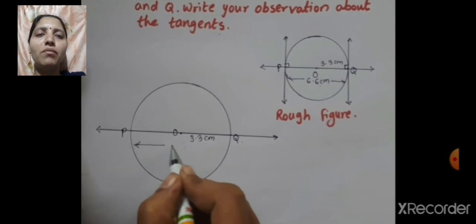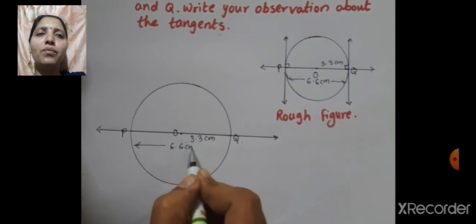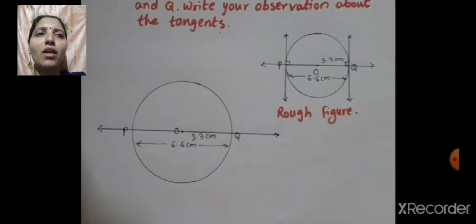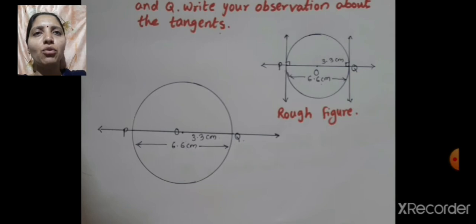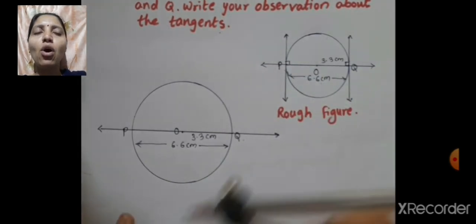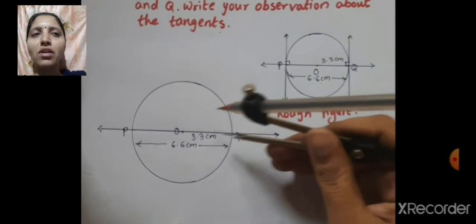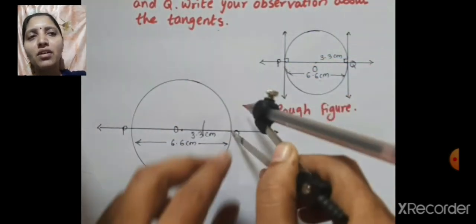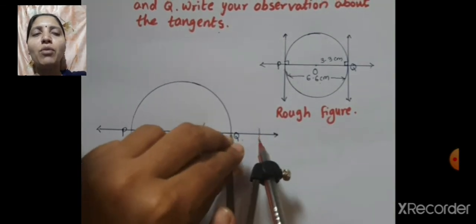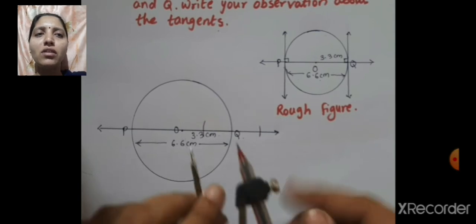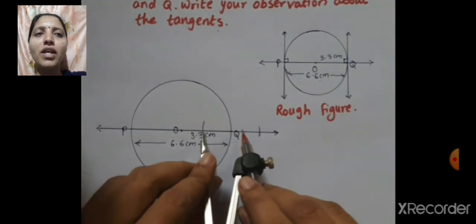Mention the length of PQ as 6.6 centimeters. Here it is not mentioned whether you have to draw the tangent using the center of the circle or without using it. So whenever it is not mentioned, you can use the center. Now putting the pointer on Q, we are going to mark two arcs on the chord PQ.